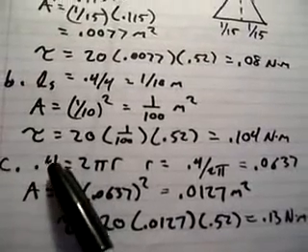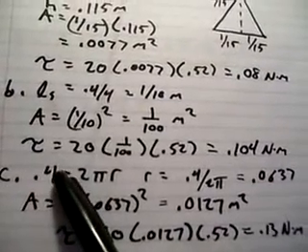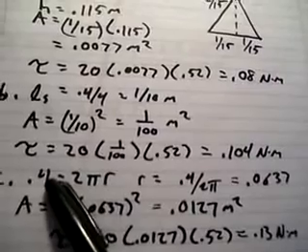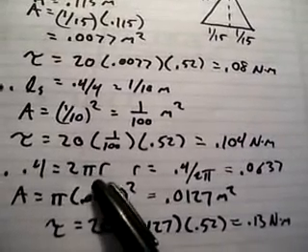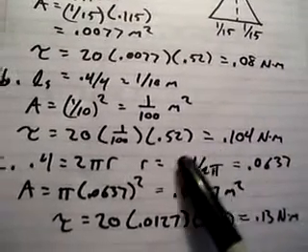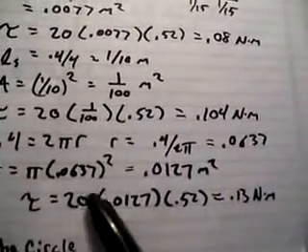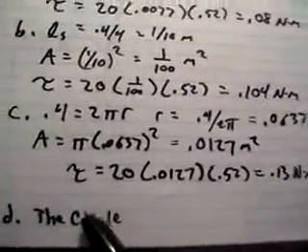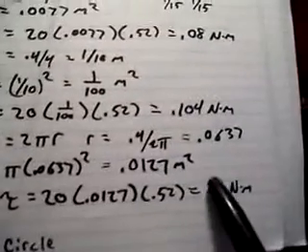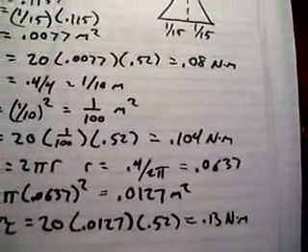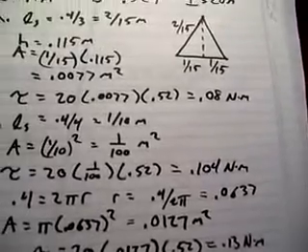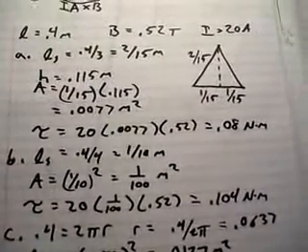It's a circle, so we know that the length of the wire, the 0.4, is the circumference. It's 2 pi r. So we can get the r, then we can do the area, which is pi r squared, and from there it's the same thing. And the circle is the one that has the greatest amount of torque on it. And the rest is in part 2. So that is it.